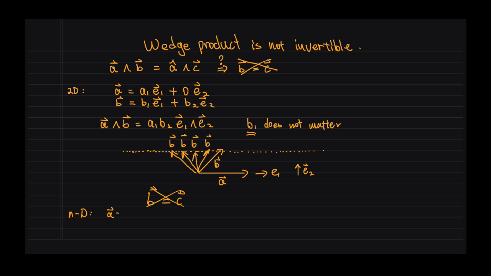We can choose our basis vector, A1 E1, but B will be the sum of Bi Ei, i equal to 1 to n, and you will always find that B1 is not involved in the expression.